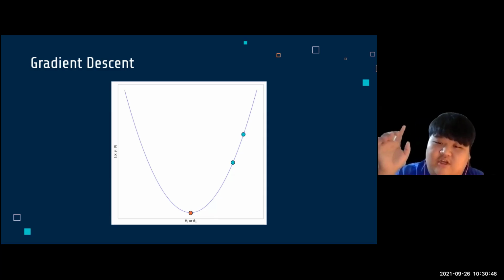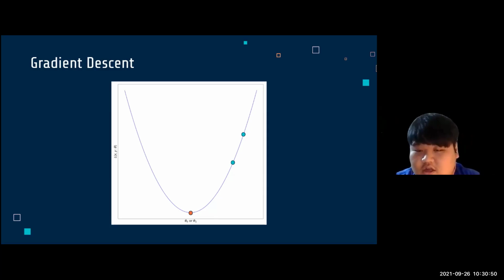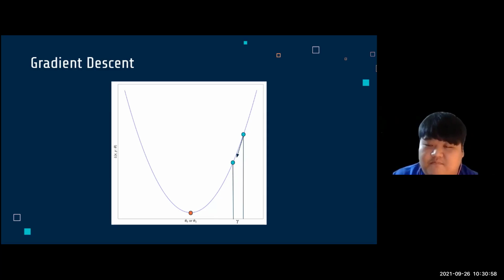We're moving from the previous one to the next one. We're finding the direction of the movement by using derivatives and multiplying that value by some kind of dx, which we call the learning rate, here represented with the Greek letter gamma. We do this multiple times until we reach the absolute minimum of the loss function.